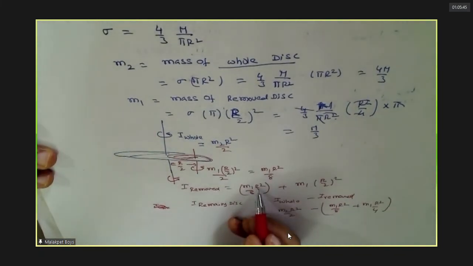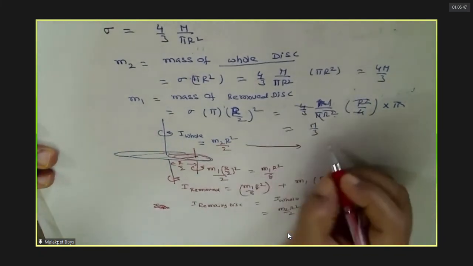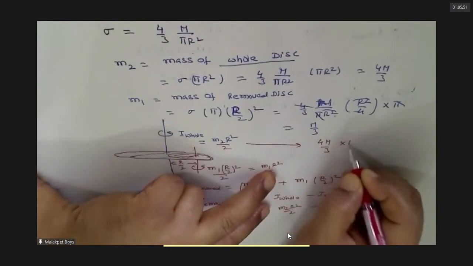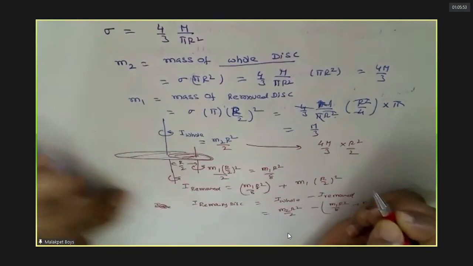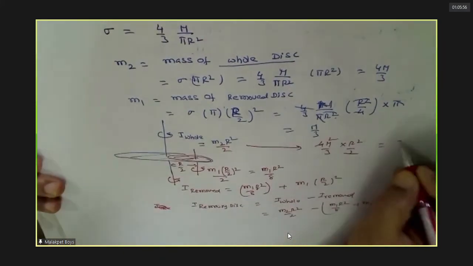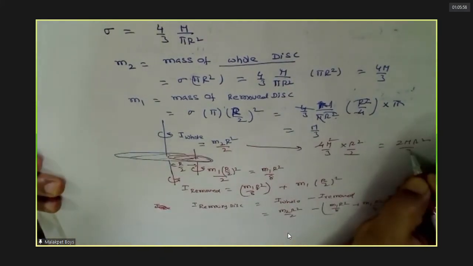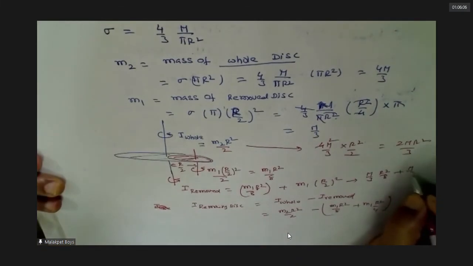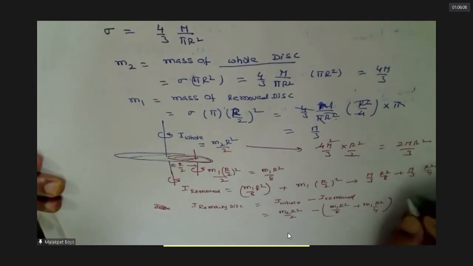See, here only substituting will be easy for us. Otherwise mistakes are prone. 4M by 3 into R square by 2, 2 will get cancelled, 2 M R square by 3. For this, M1 is how much? M by 3 R square by 8 plus M by 3 R square by 4.